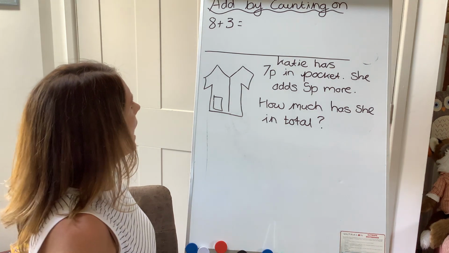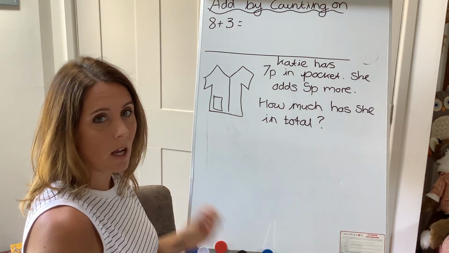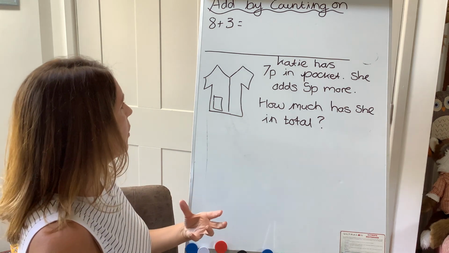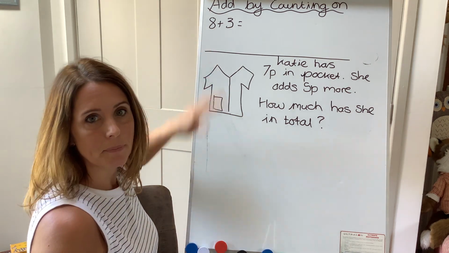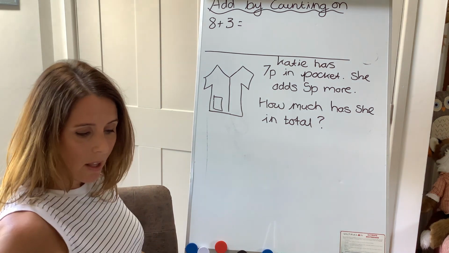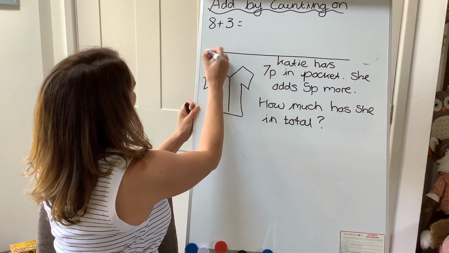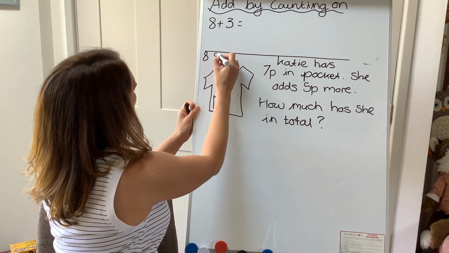The next thing we looked at was adding by counting on. So this is not adding all, this is starting at the number and adding on more. So have a go at this one. Okay, so you could use a number line. So you could start at 8 and add on 3 more.